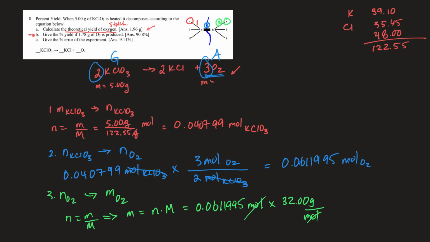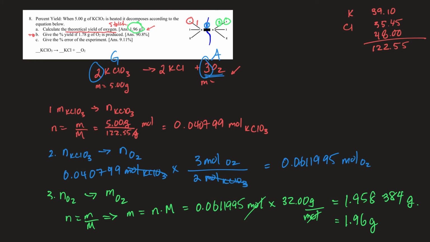Cancel. Alright, so let's times that number by 32. 1.958384, whatever, grams. Okay, sig figs, looks like I have 3. So this should be 1.96 grams. Looks like I'm on track. So the theoretical yield of oxygen, 1.96.